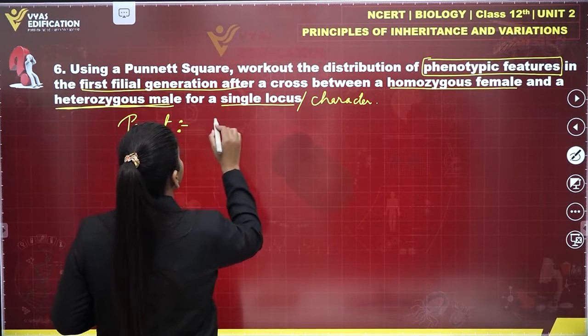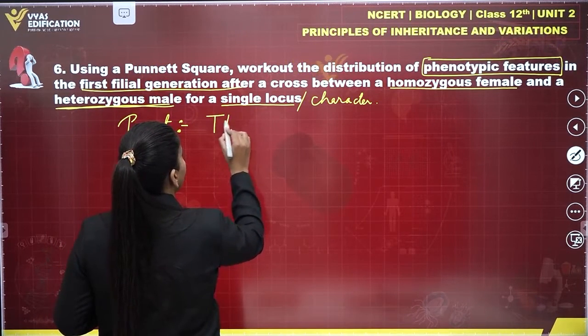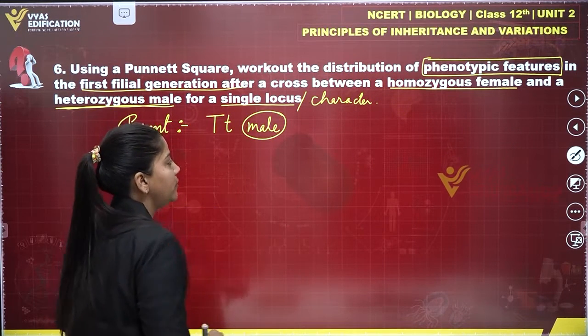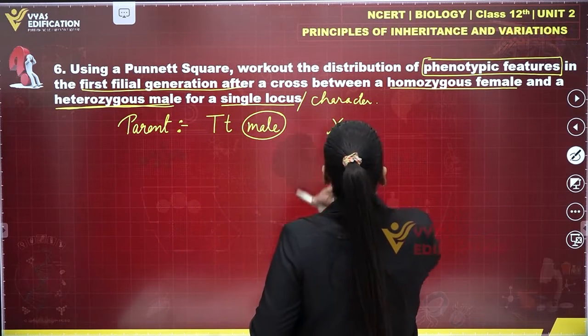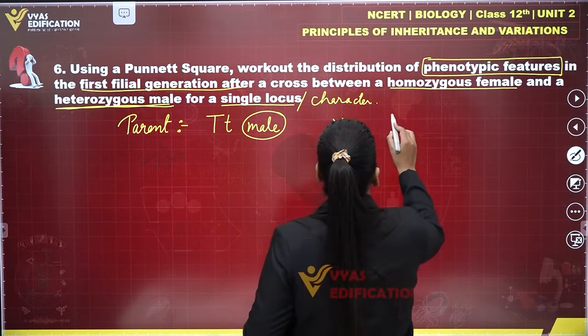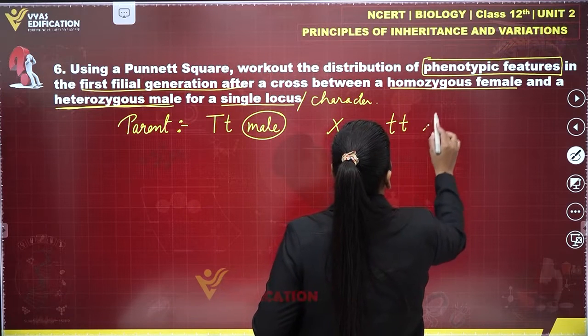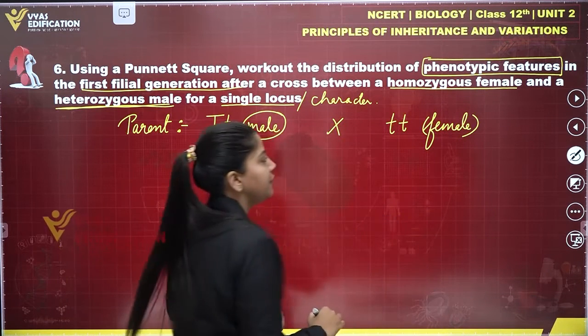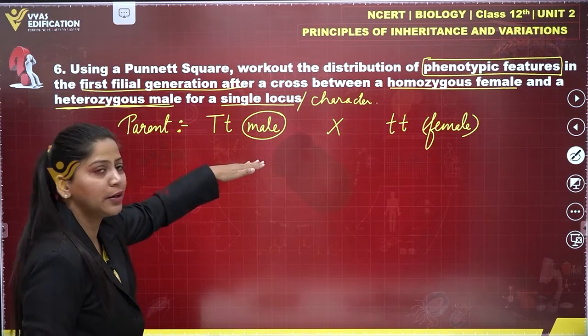So the heterozygous male will be capital T, small t. This male with heterozygous condition is mating with a homozygous female. That's what we are instructed to do.